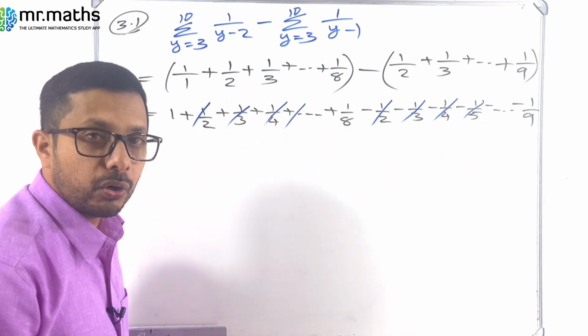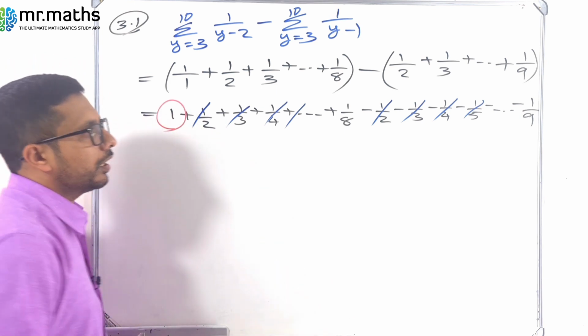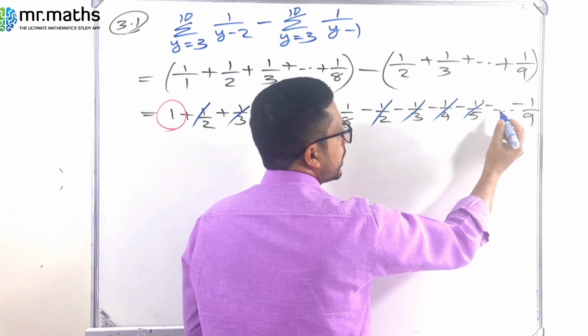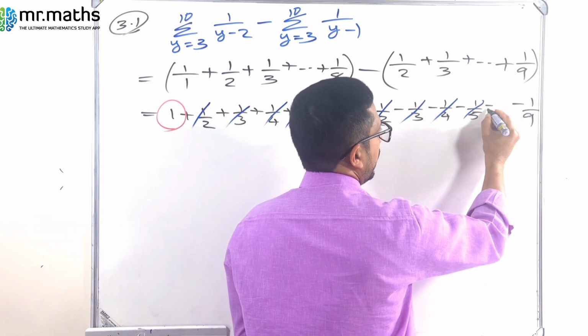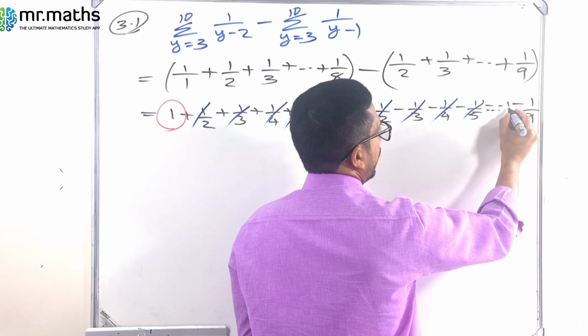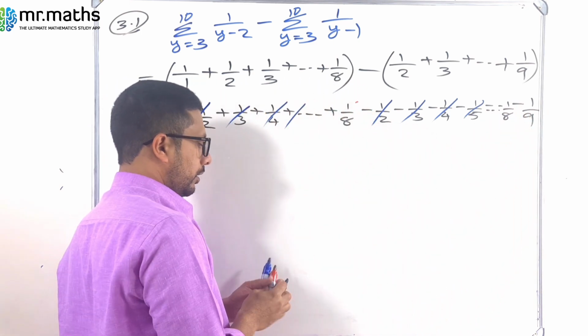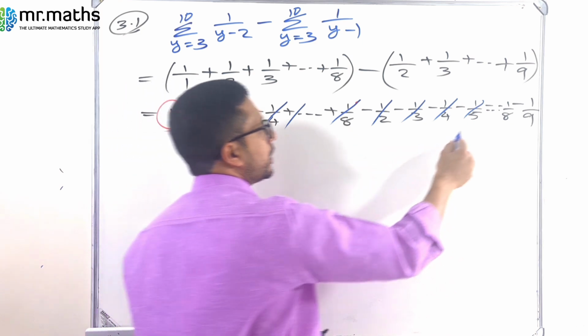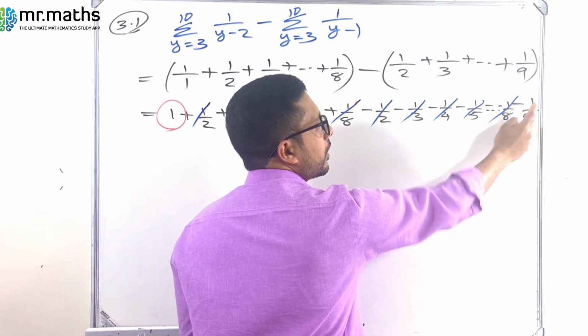Okay, but not all. Look at this one. You don't have anything to cancel this one. Here you can see just before this there is a 1 over 8. Let me write etc., minus 1 over 8. That minus 1 over 8 also you can cancel with the positive 1 over 8. So what is remaining there? The last term is there.